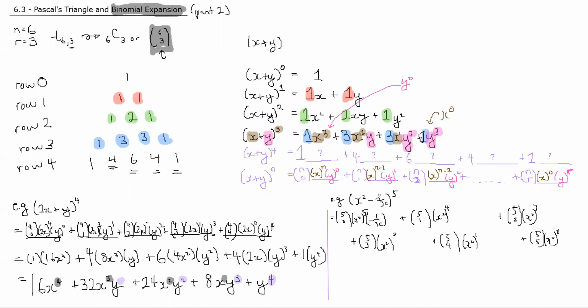Remember, the negative is part of the second term. Don't think you have to leave the negative. Negative is a part of the term. That is a 0. That would be negative 1 over x to the power of 1. Negative 1 over x to the power of 2. It would be negative 1 over x to the power of 3. It would be negative 1 over x to the power of 4. And negative 1 over x to the power of 5.